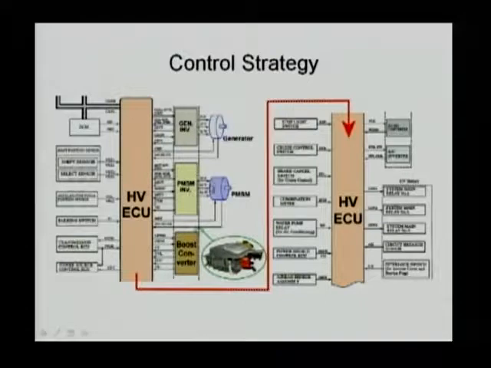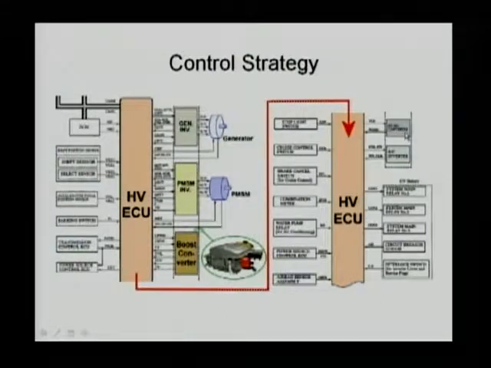You can see that the components interacting with the HVECU include the generator, the motor, the boost converter. We are going to discuss what the boost converter is all about later on.